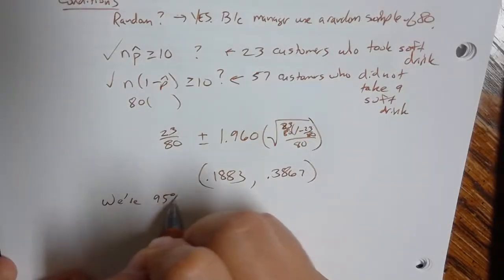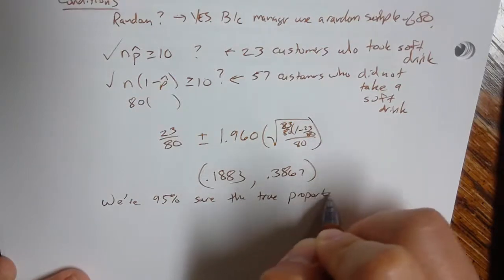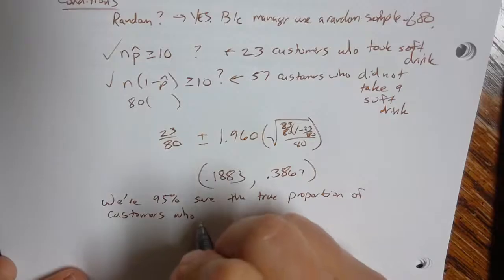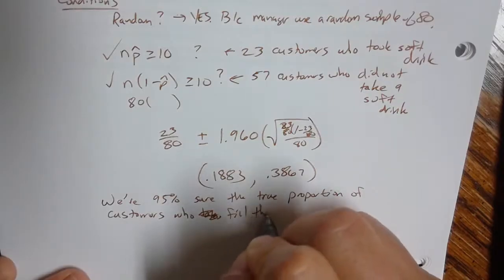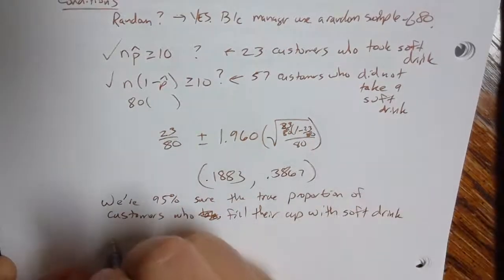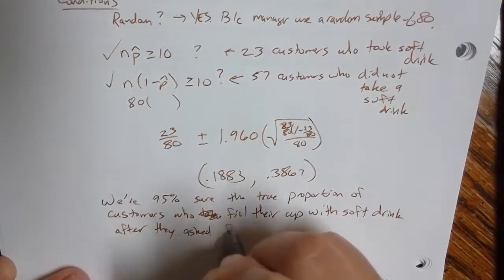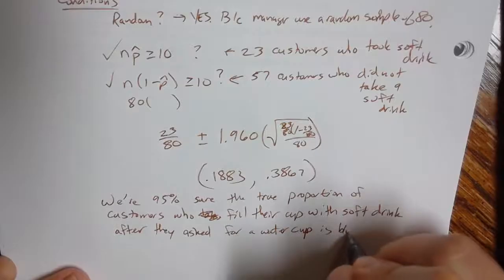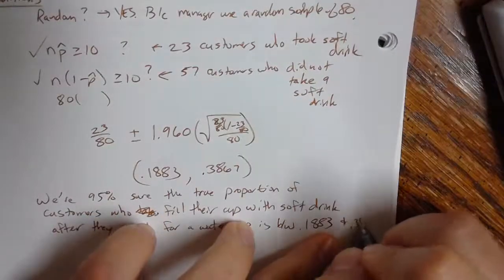So we're 95% sure the true proportion of customers who fill their cup with soda, a soft drink, after they asked for a water cup, is between 0.1883 and 0.3867.